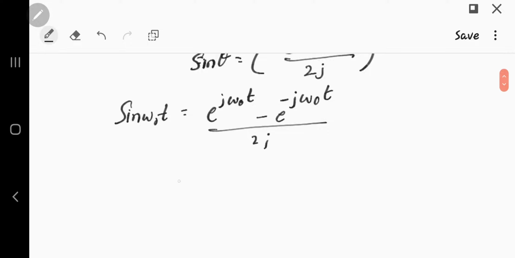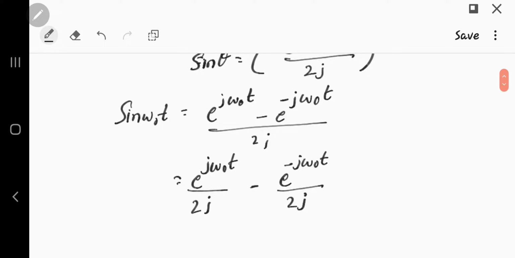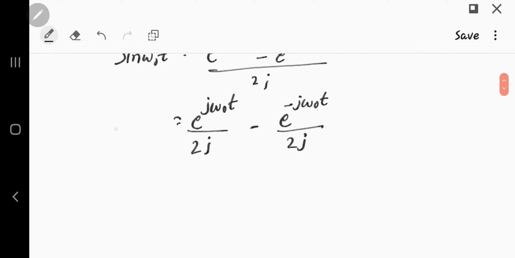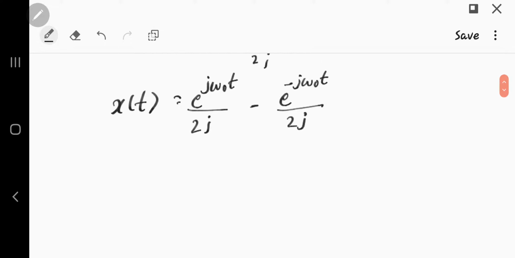Okay. So I can split this as e power j omega naught t by 2j minus e power minus j omega naught t by 2j. This is my x of t, now expressed sine in terms of exponential.